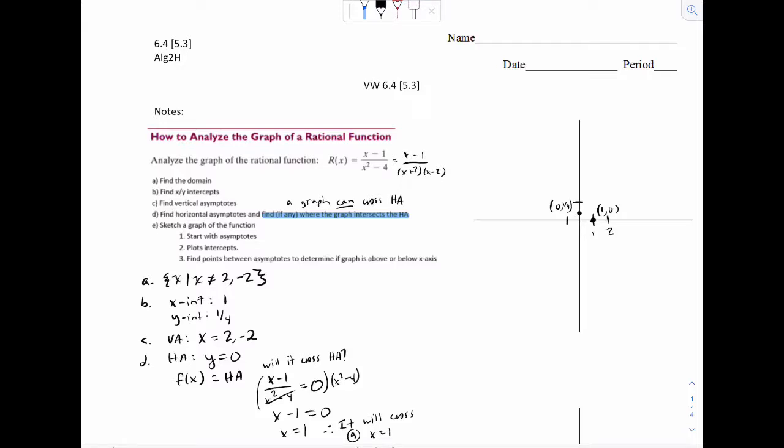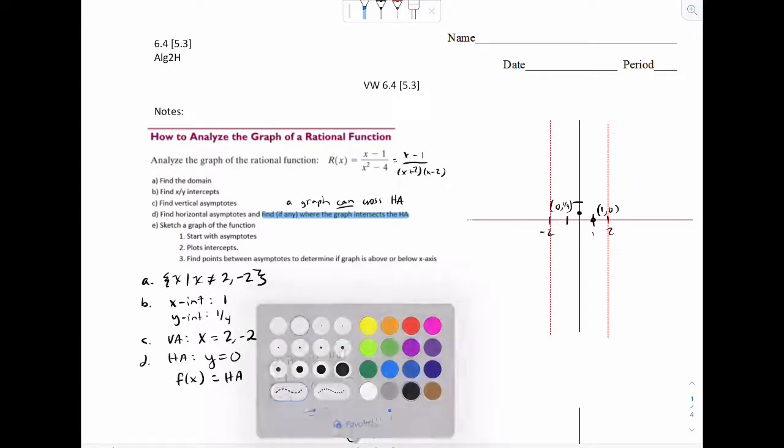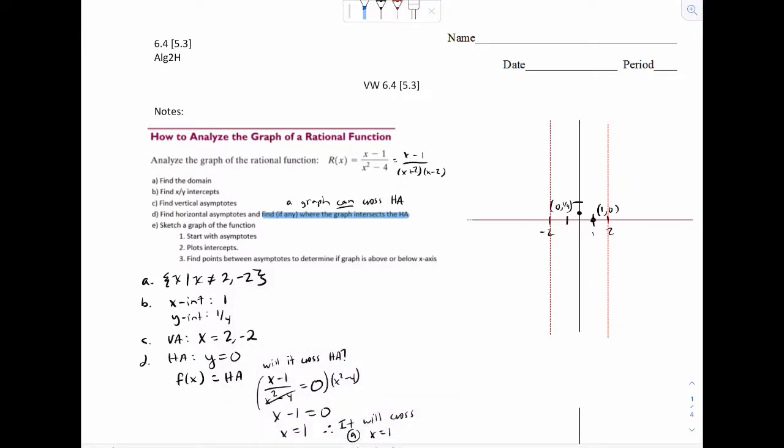So we'll just scale that out. Let's put our dotted lines down. I have a horizontal at 0, so I'll put that down too. And that's pretty much all we know.